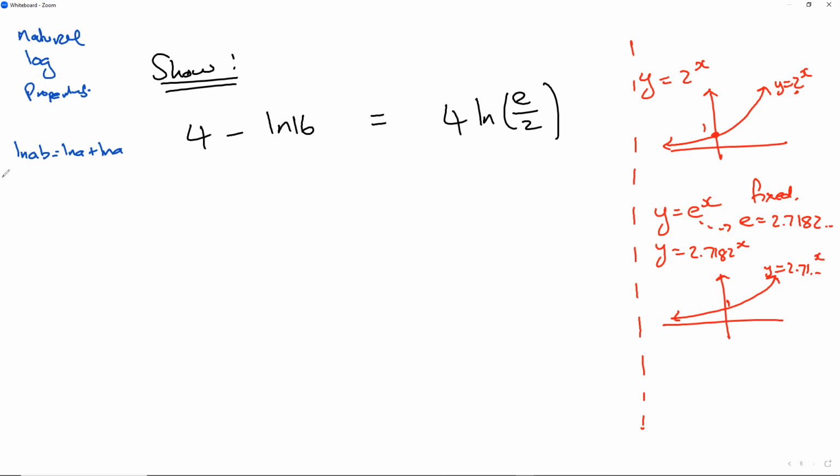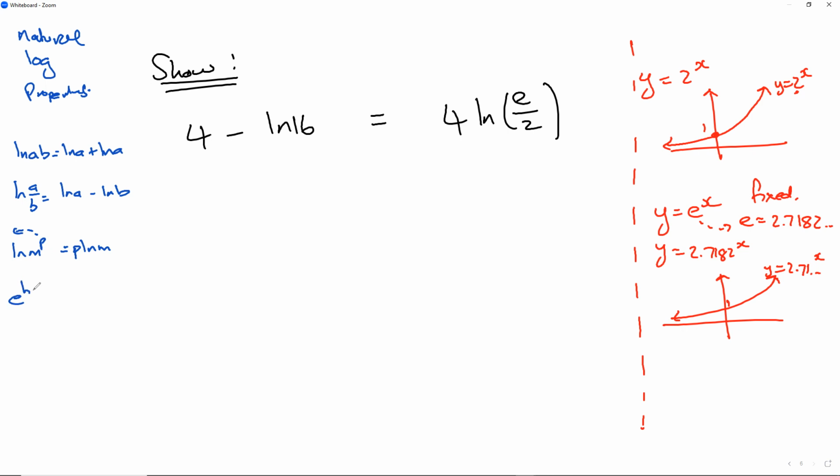If you've got ln A divided by B, it'll be ln A minus ln B. I'm just using the word ln just so you can see the difference. Ln m to the power of p, p goes to the front, becomes p ln m.